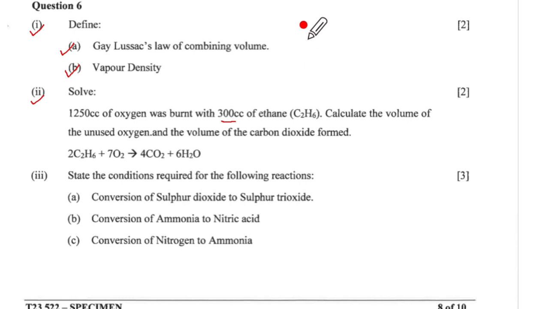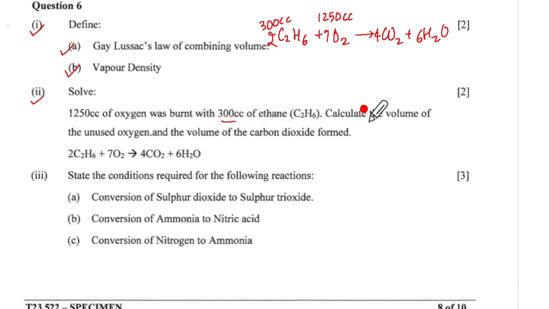So let us write the reaction first. We'll have ethane means C2H6 plus oxygen, and that will give us CO2 and plus H2O. Let's balance the reaction. Now oxygen was 1250 cc and 300 cc of ethane.